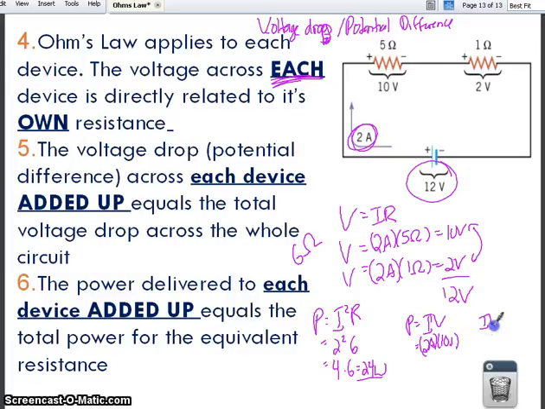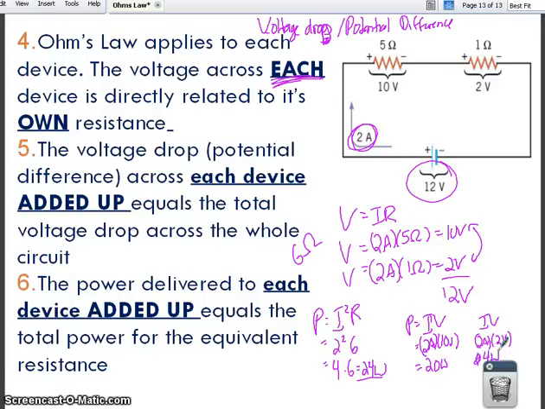P equals I times V, so 2 amps times 2 volts for this one. So 2 times 10 is going to be equal to 20 watts. This is going to be equal to 4 watts.